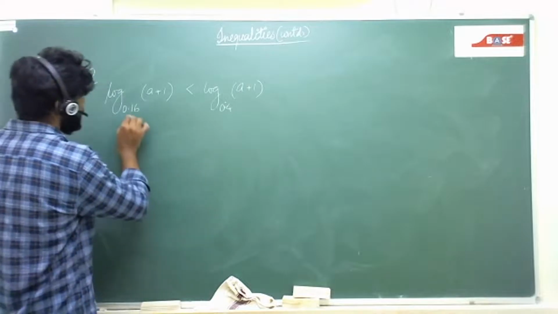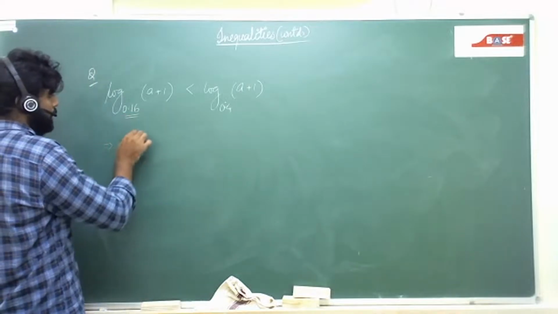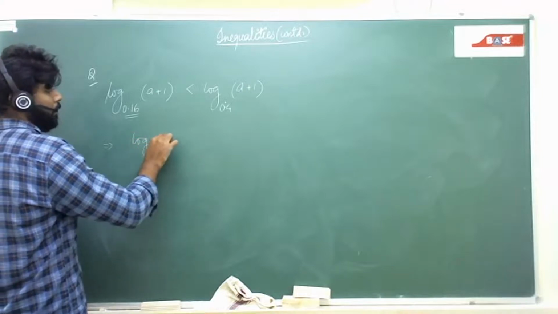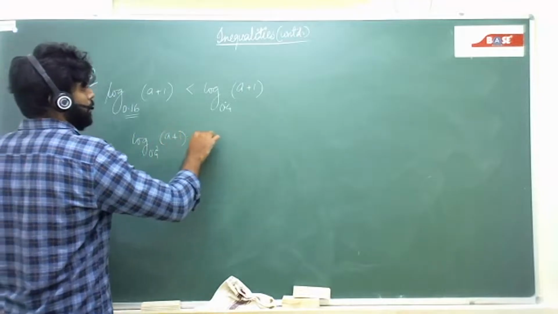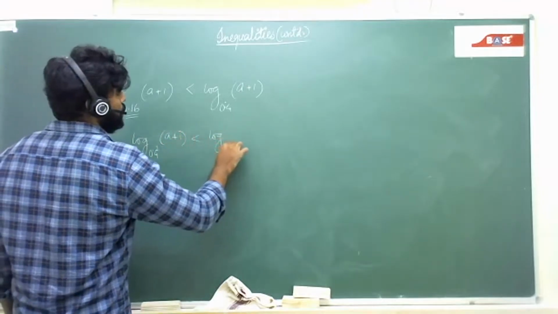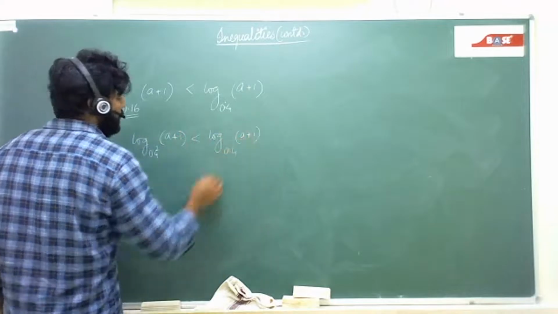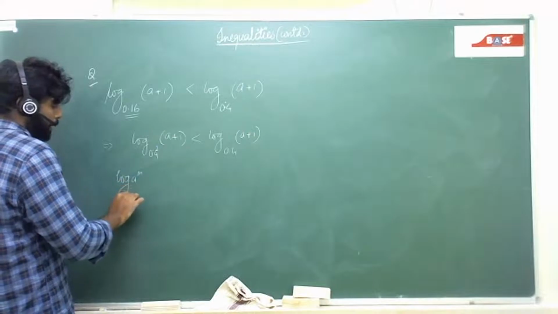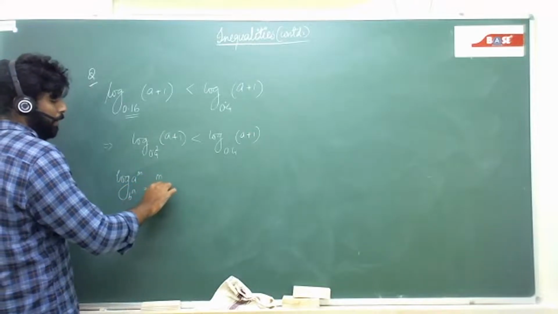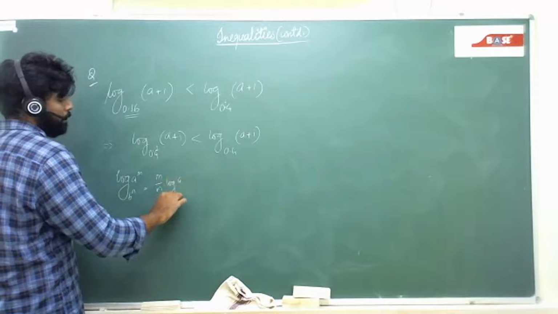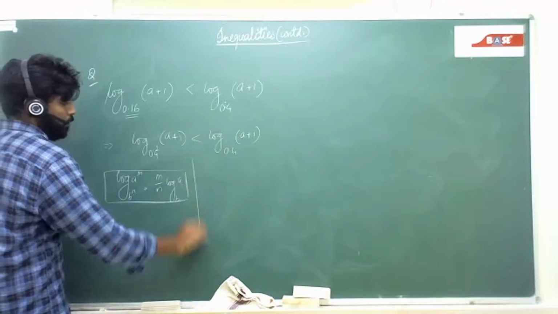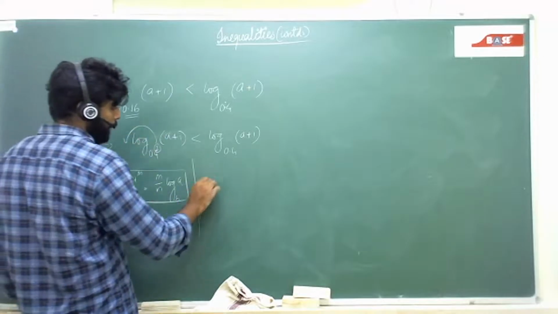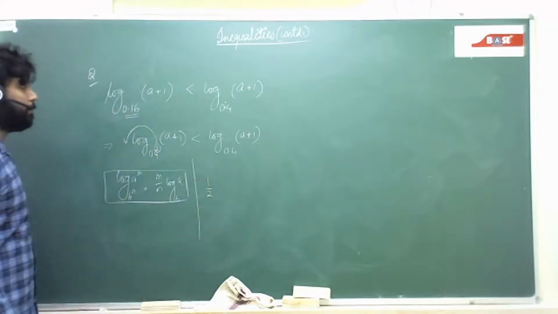First thing, you can change the base: 0.16 is 0.4 squared. From the log property, a to the power m with base b to the power n gives m by n times log a base b. So the 2 will come outside and be divided.